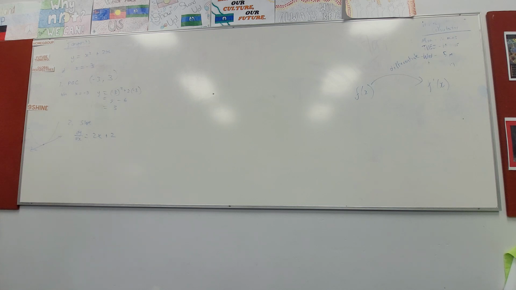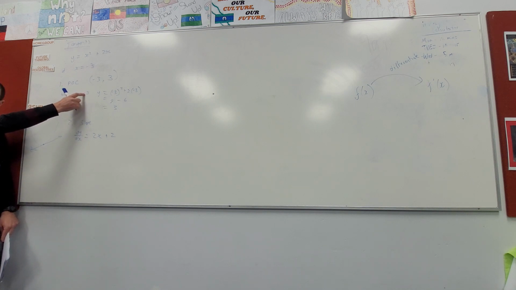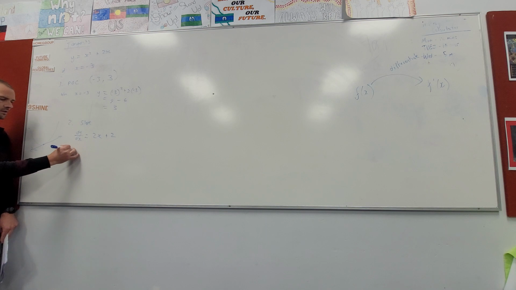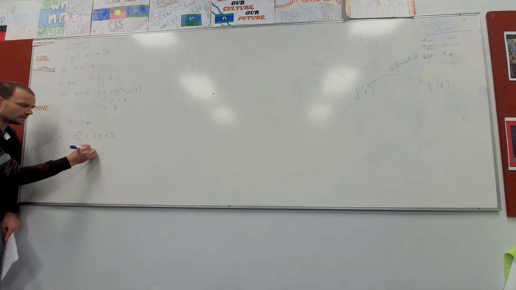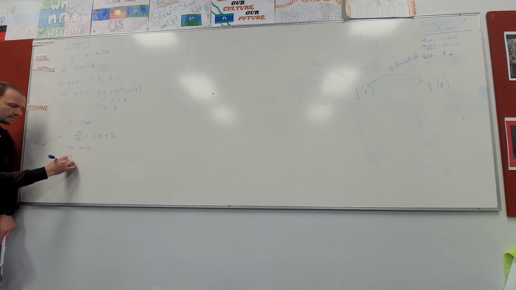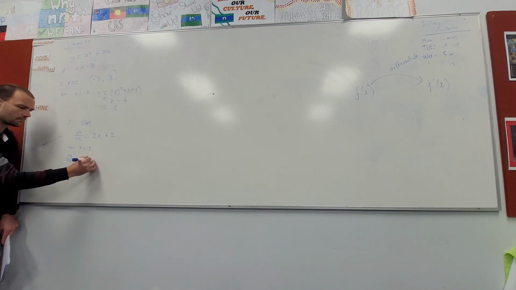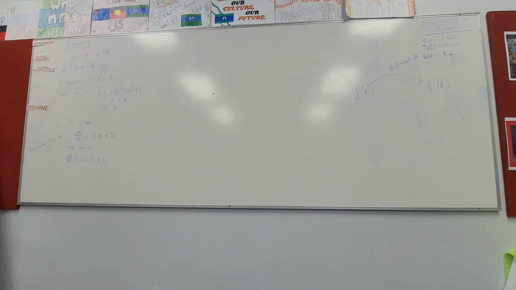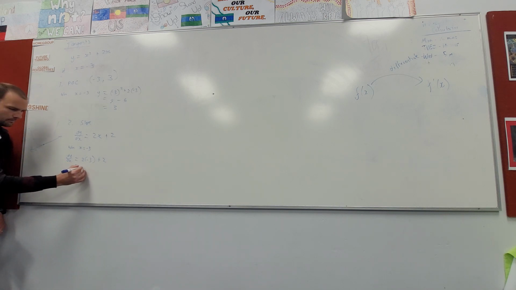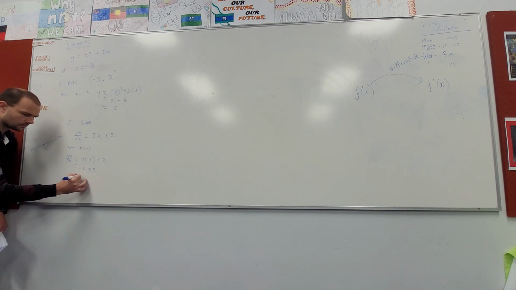Just using the power rule. We've got the derivative function, and we want to know the slope. So now we're going to put x is minus 3, because that's the point of contact, right? That's the x value, into this equation. So we'll have, when x is minus 3, dy on dx is 2 times minus 3 plus 2. All right, putting that x value in there. Minus 6 plus 2, minus 4.